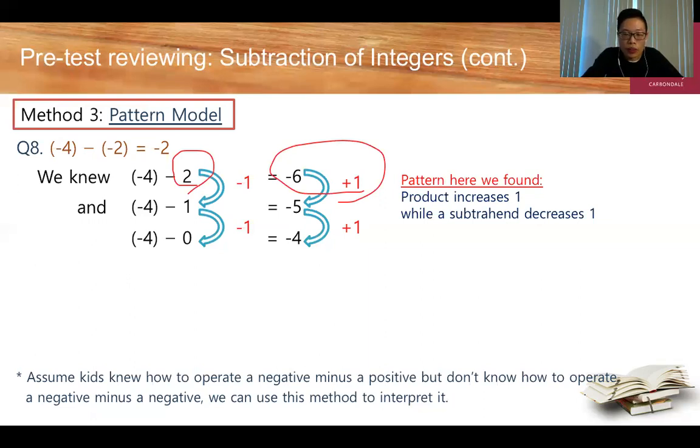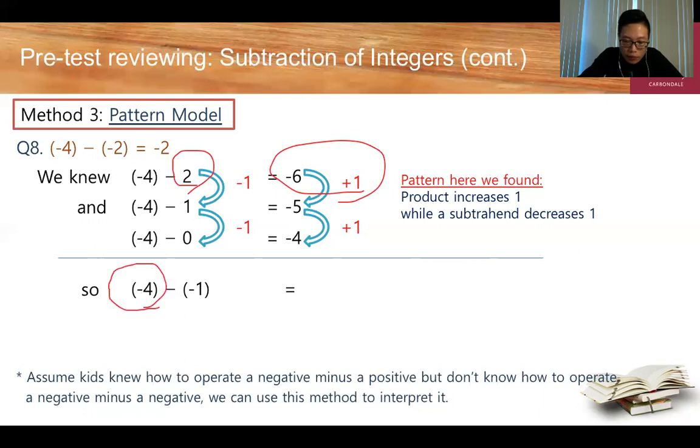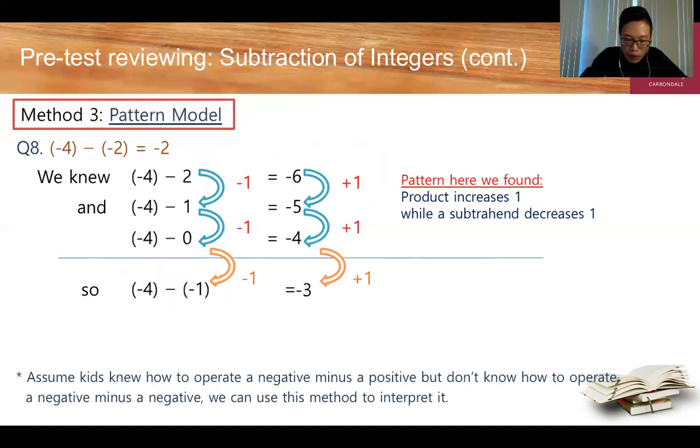So according to this pattern, we can know -4 minus -1. When the subtrahend decreases 1 from 0, the product will increase 1, to -3.